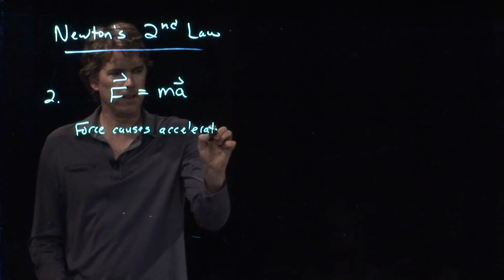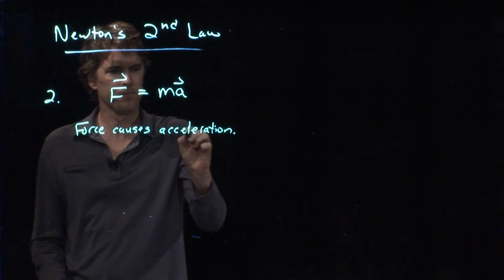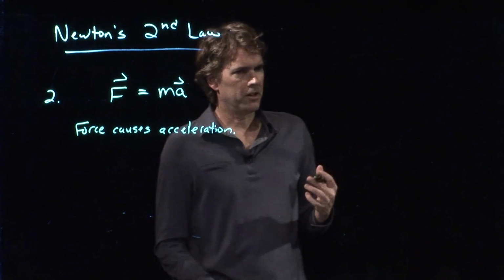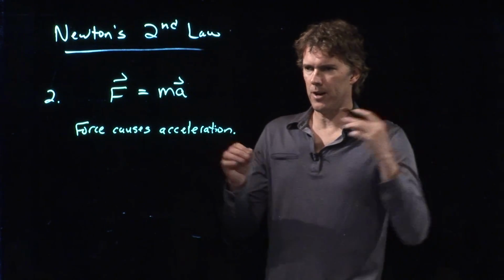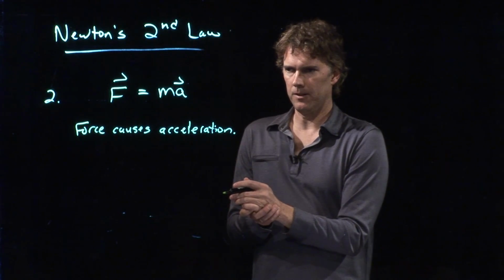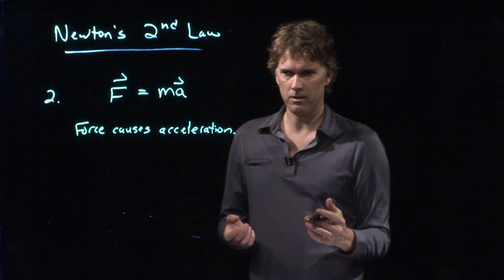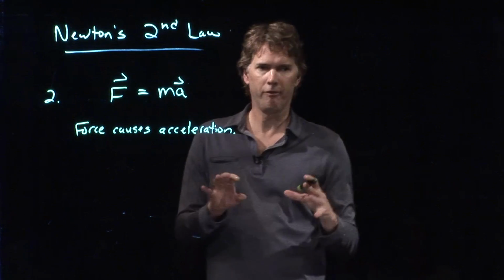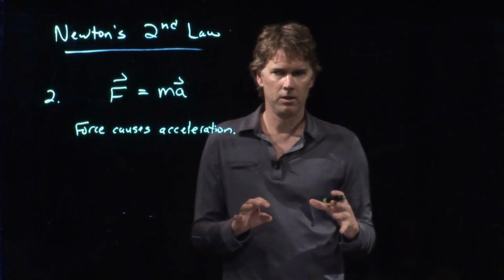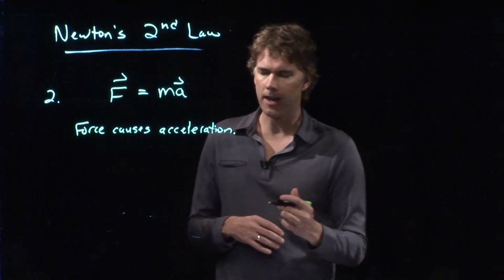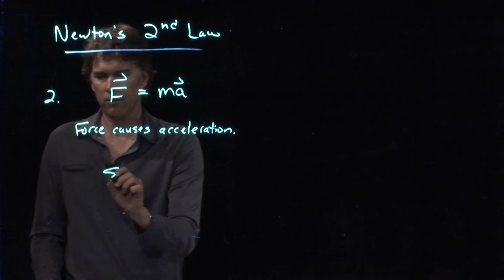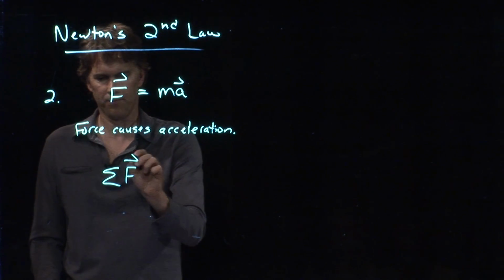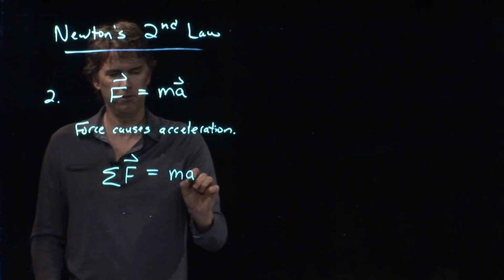And we want to be a little bit careful about this statement, because what we said a second ago was, if I'm driving down the road at constant velocity, then the net force on me is 0. And yet we know that there are forces acting on us. So what do we mean by that word net? What we really mean is the summation of all the forces.